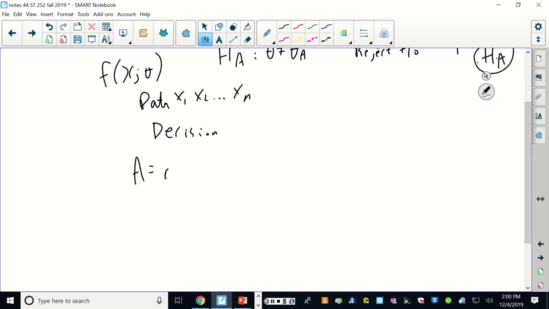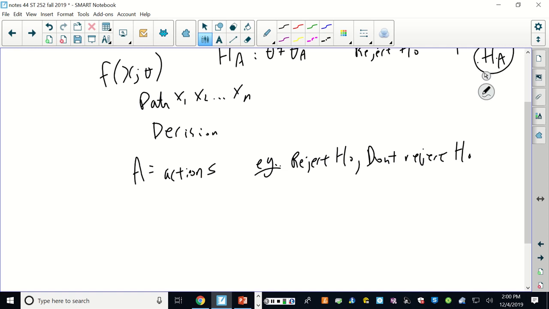In decision theory, they set up a series of actions, such as reject the null or don't reject the null.